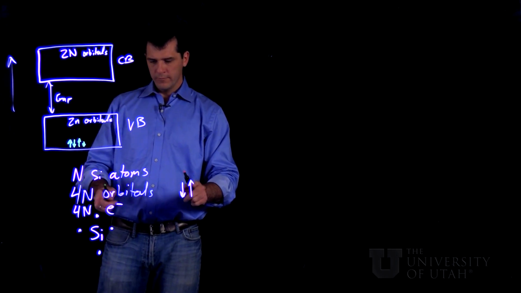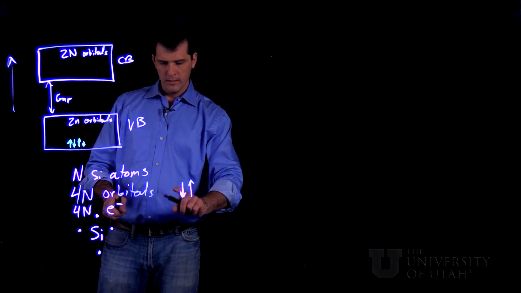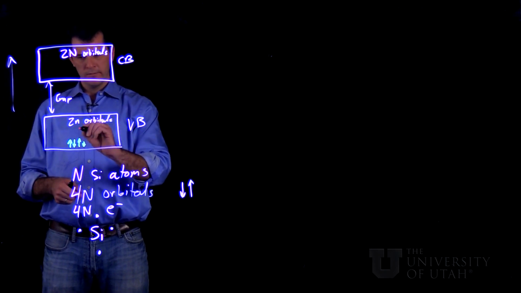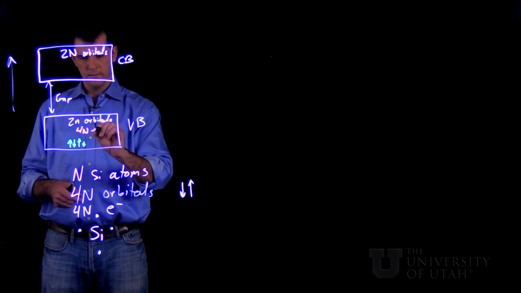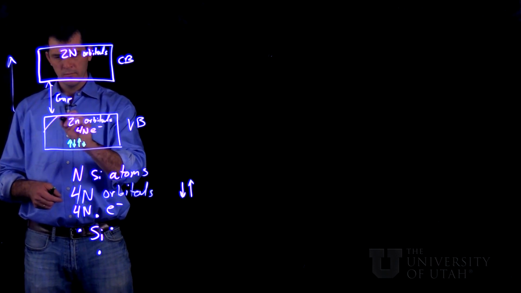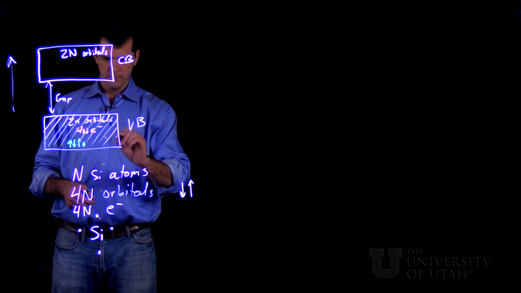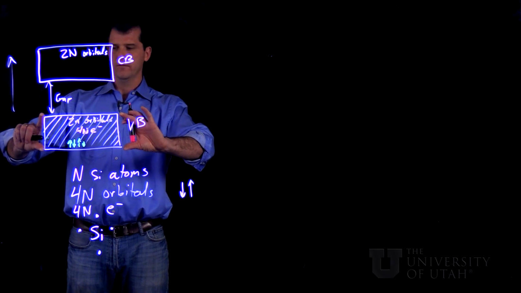And if we look at the numbers here, there's two choices for spin times 2n orbitals, and that gives us actually 4n electrons, which are going to completely fill this lower band. So they'll fill exactly to the top of the band, no more, no less.